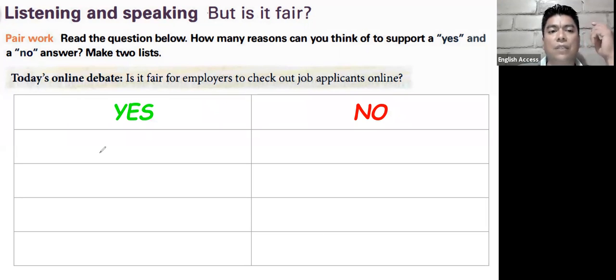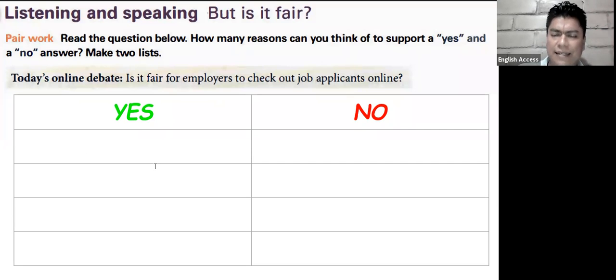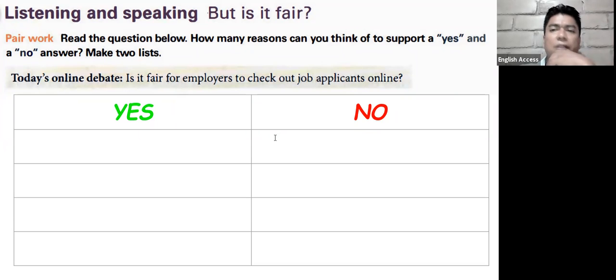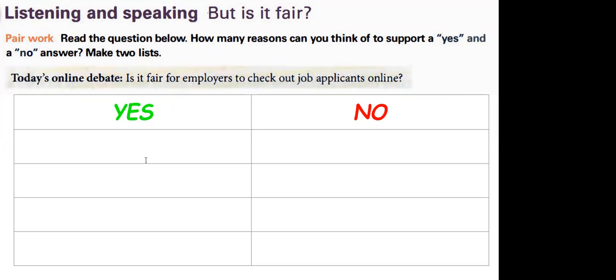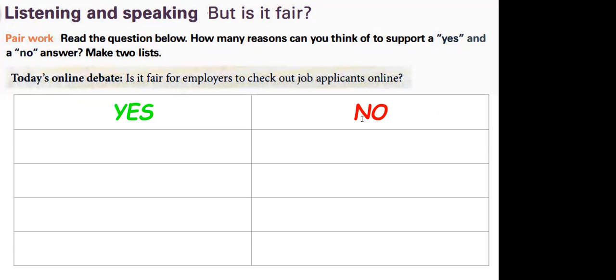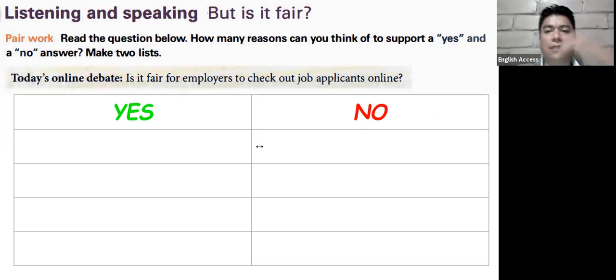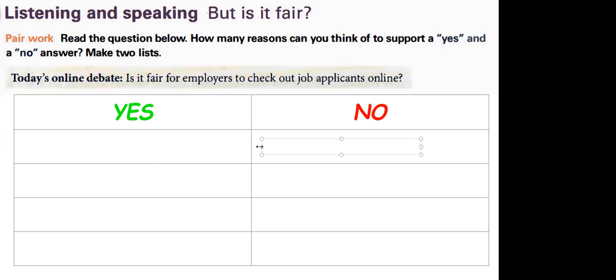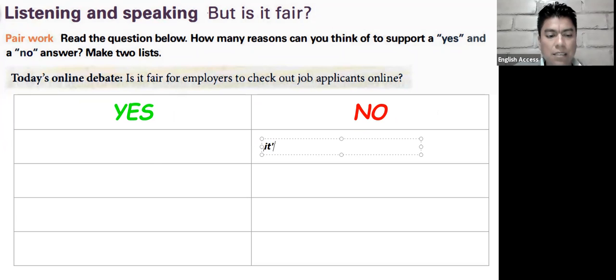So let's check it out. What reasons do you have for yes or no? What are your reasons, please? Personal information, yes or no? No, because it's personal information.